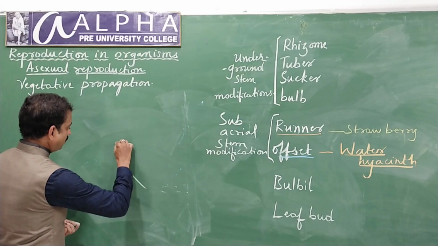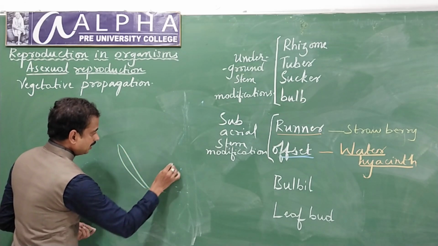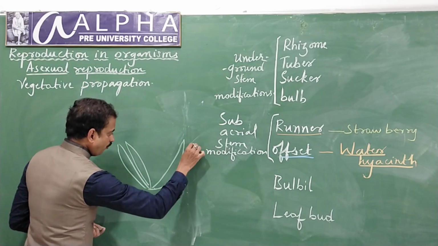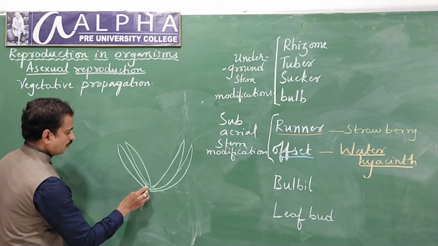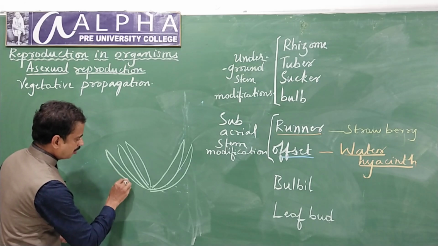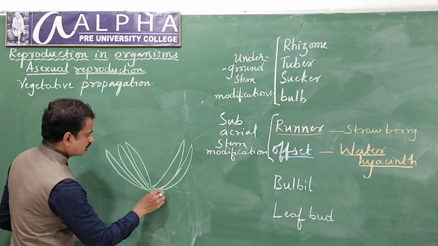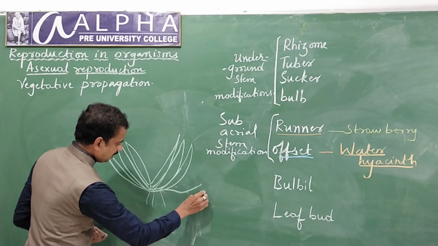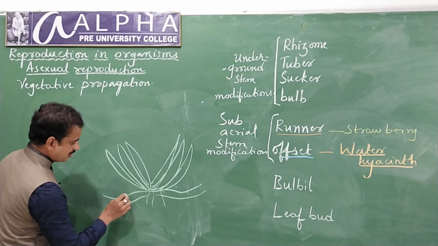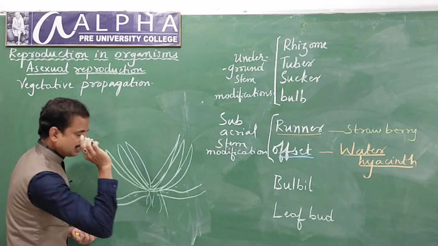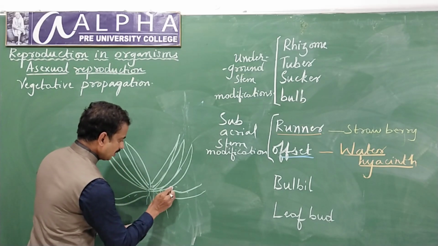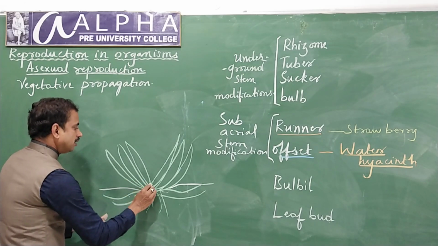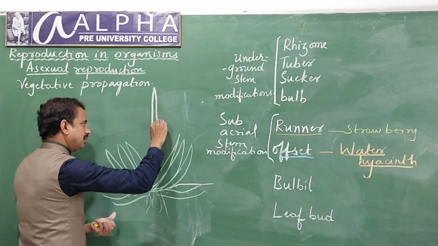So here at the basal point, it has a whorl of thick water-storing leaves, a root, and it also has a rhizome like in case of ginger. Okay, it is like this, right, and it produces the stem toward the upper side like this.